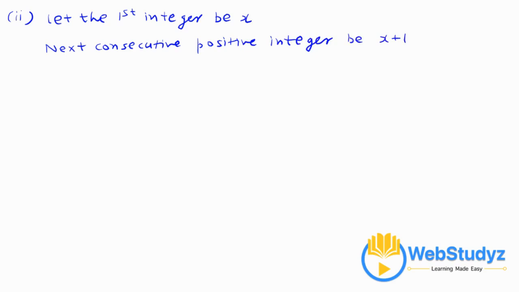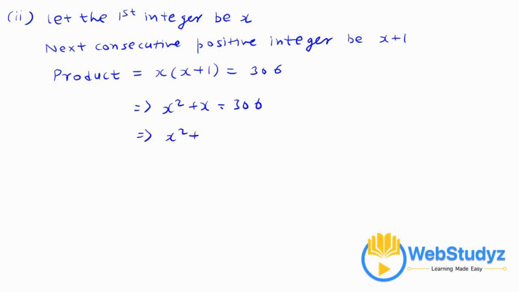Then the product of two consecutive integers will be x into x plus 1, which is given as 306. Solving this, we get x square plus x equals 306. We can further write this as x square plus x minus 306 equals 0.